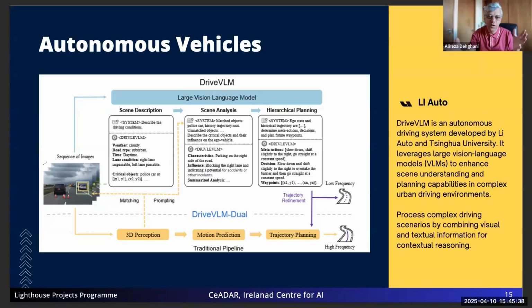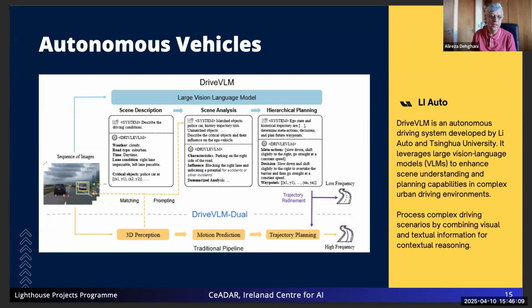You can see all the elements on the road being detected. But understanding the road, reading the road, is something that technology independently cannot do. But Li Auto has developed this Drive VLM, which is able to read the road and understand it. Instead of just recording objects, like that's a car, Drive VLM can also understand and describe what is happening, why it matters, and what to do about it.